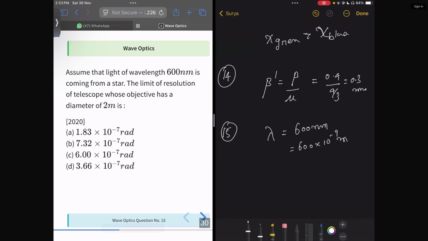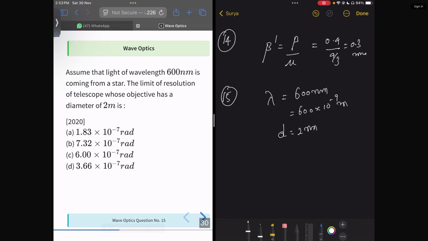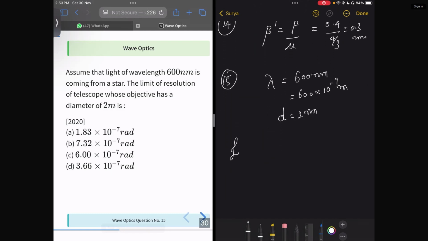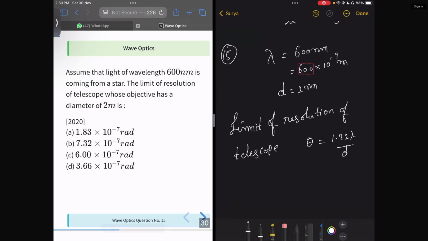The limit of resolution of the telescope will be theta equal to 1.22 lambda by d, which is 1.22 into 600 into 10 power minus 9 divided by 2.